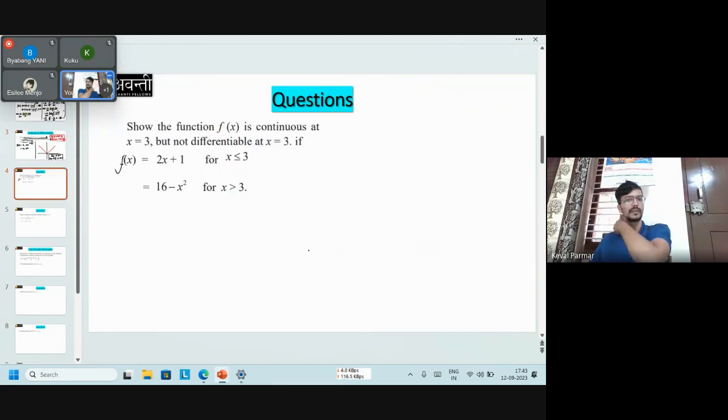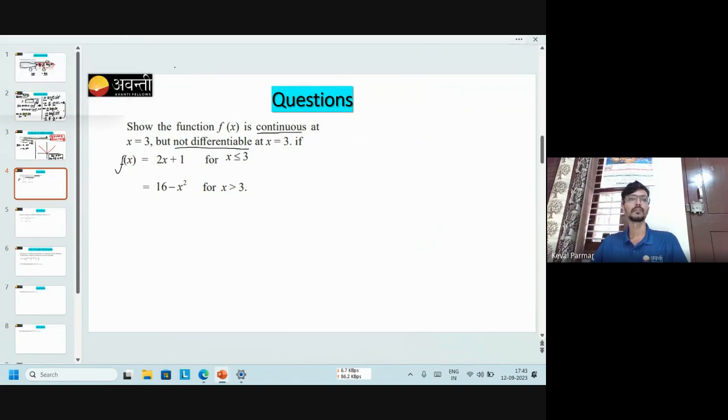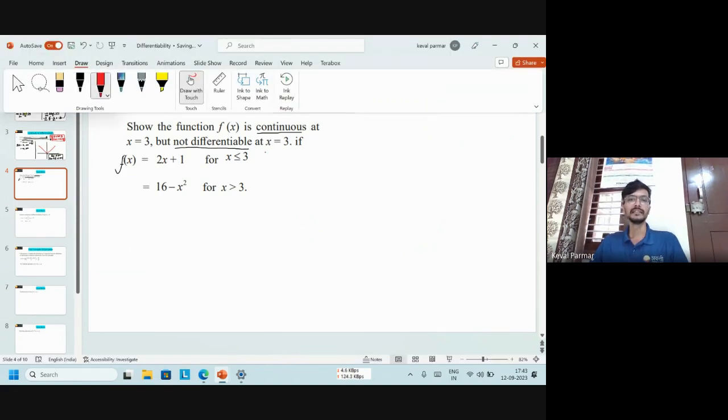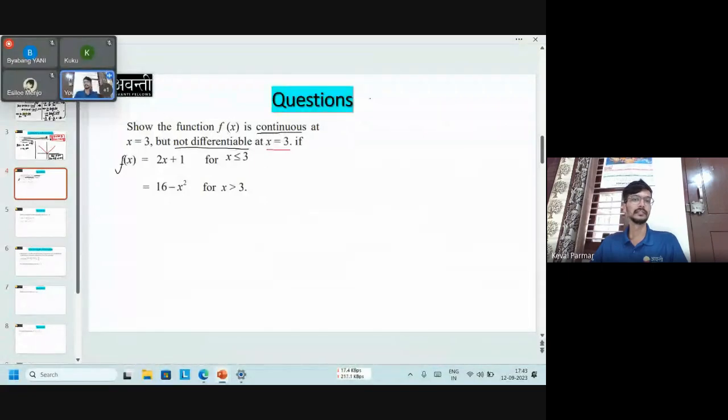So this is a question. It is saying, show that the function is continuous but not differentiable at x equal to 3. So let me just write what we mean by continuous.